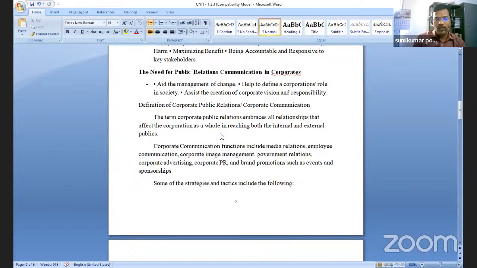Every company has some goals. To reach the targets, they have to work with their internal and external public, so they have to maintain some relationship. Already you know who the internal and external publics are.